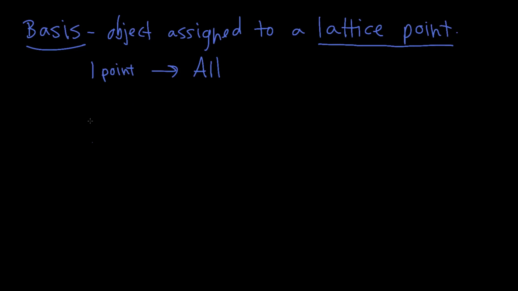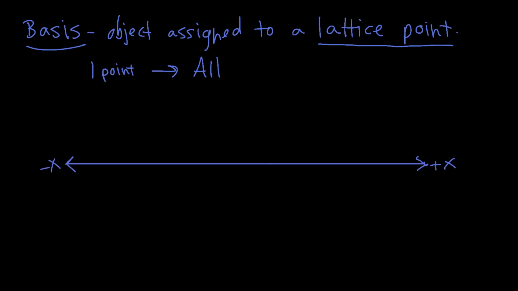I think that the best way to demonstrate what a basis really is, is to go back to 1D and then work back to 3D, the same way we did with the lattice. So we're going back to line world. We're going to go plus and minus x direction.